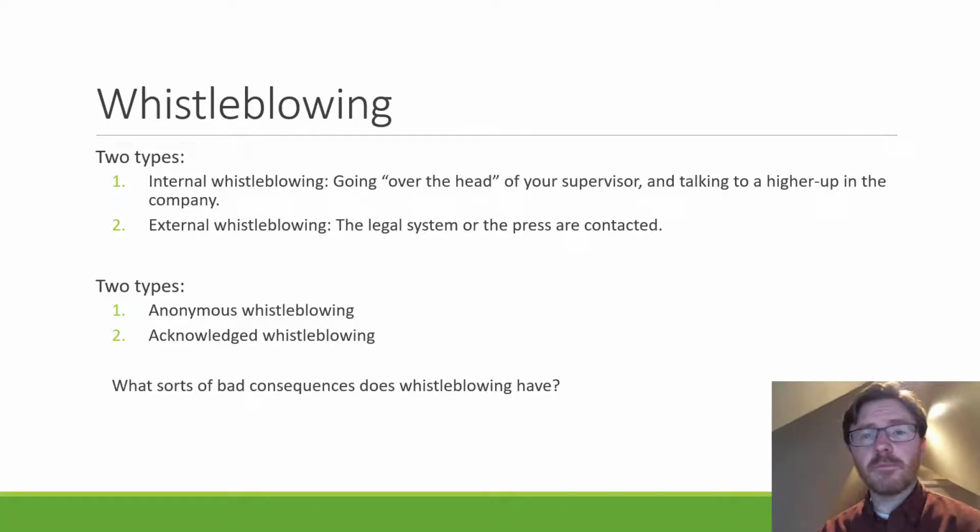Two types of whistleblowing, two ways of dividing it into two types. One is internal versus external whistleblowing. Internal whistleblowing stays within the company. It involves going over the head of your supervisor. First, you obviously should have talked to your supervisor, but then going over her head, or going over the head of the person who's over her, right?